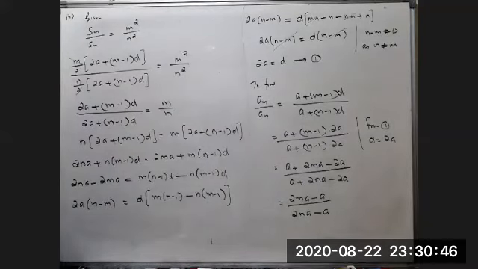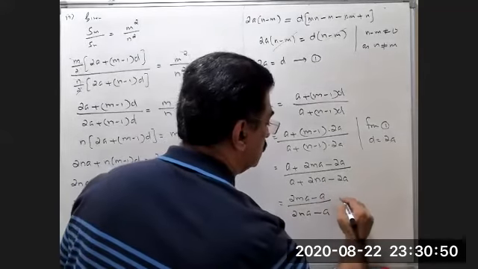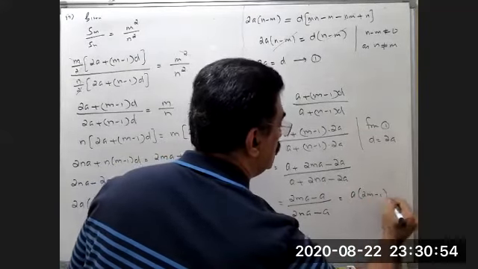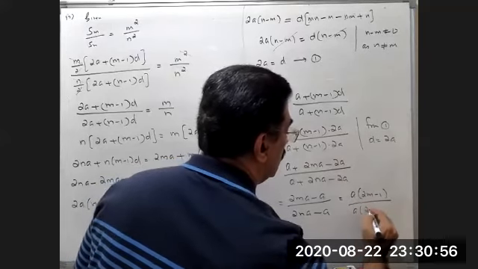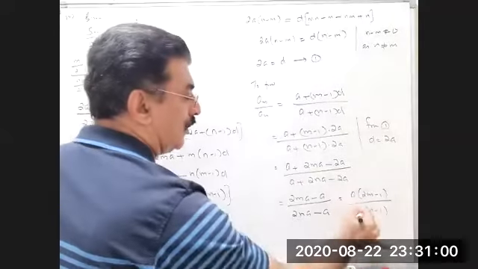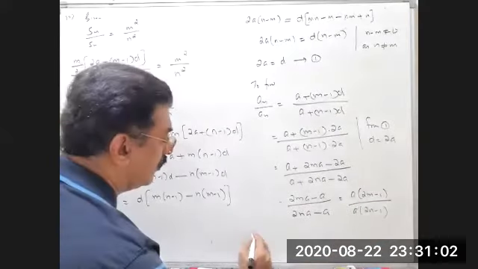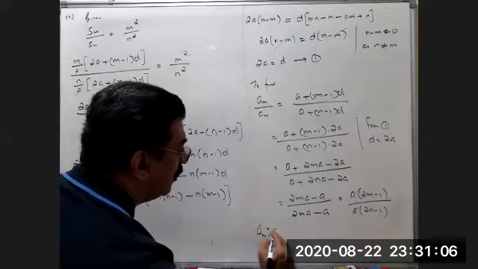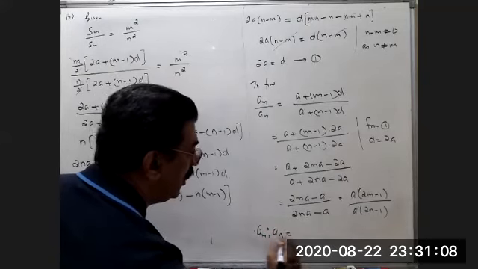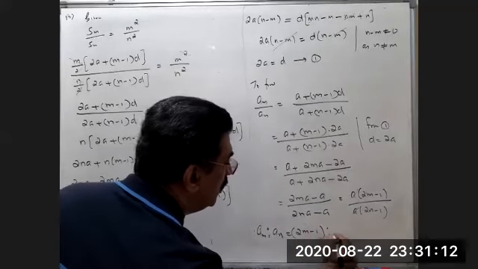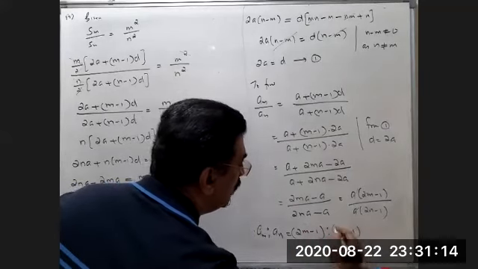Take a out, we get the answer: a into 2m minus 1, a into 2n minus 1. a cancels. Therefore, am is to an is 2m minus 1 is to 2n minus 1.